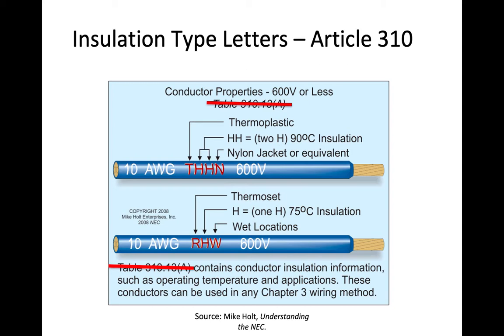When I pass current through a conductor, it gets hot as those electrons run through the conductor. So this conductor can carry only a portion of what a 90 degrees C conductor can. It can't radiate enough heat out, so the rated ampacity of that conductor is lower. And then the W signifies that it's rated for wet locations.